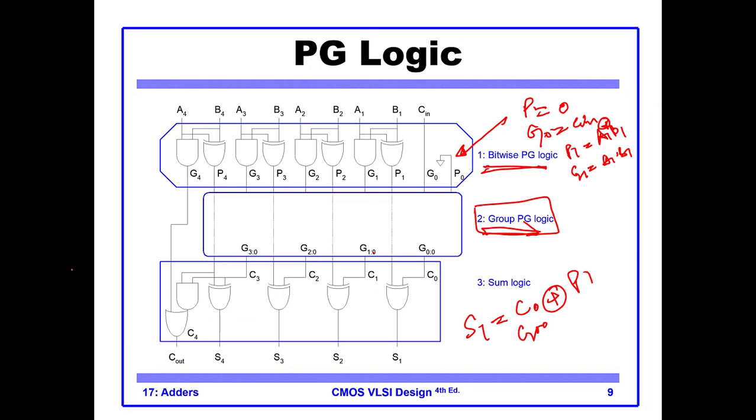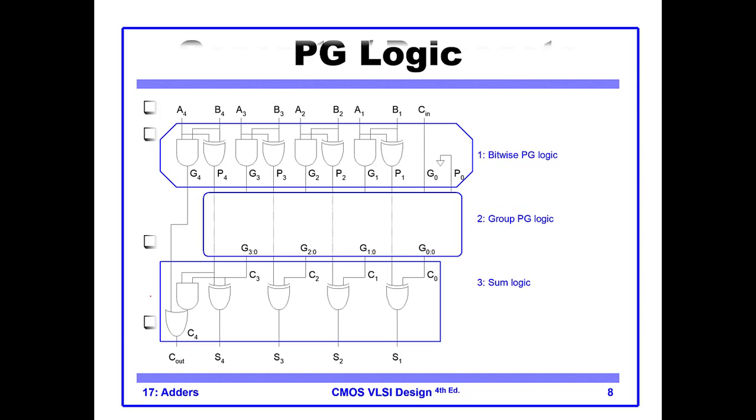So we get C0 exclusive OR P1. Similarly for S2 and S3, you can just use the formula and generate the sum terms.